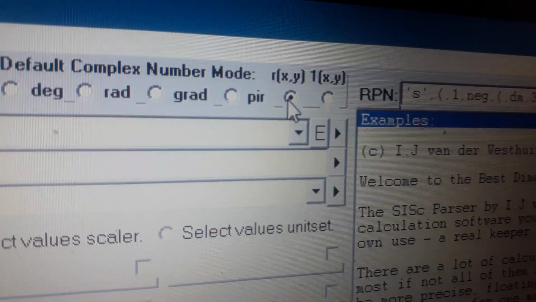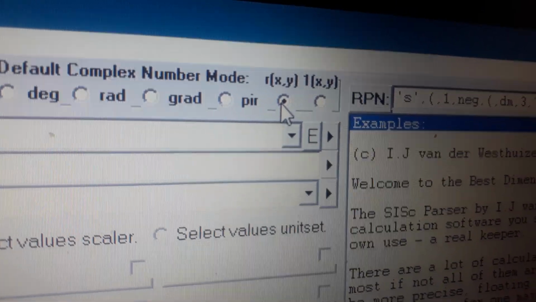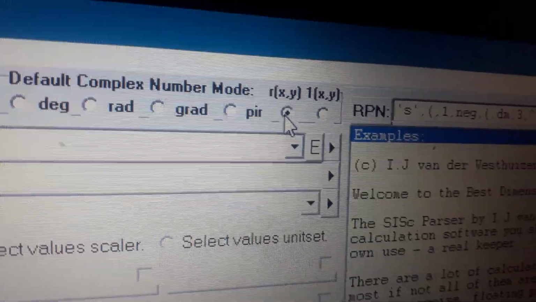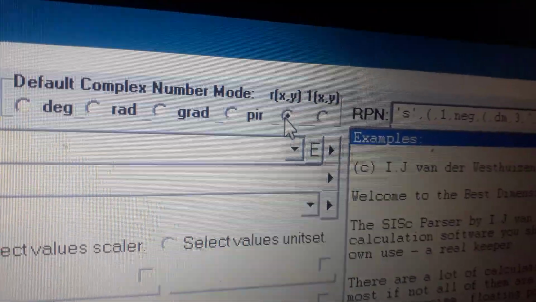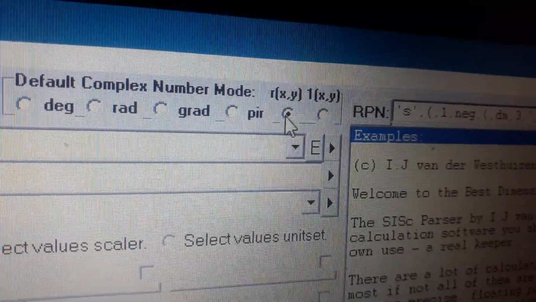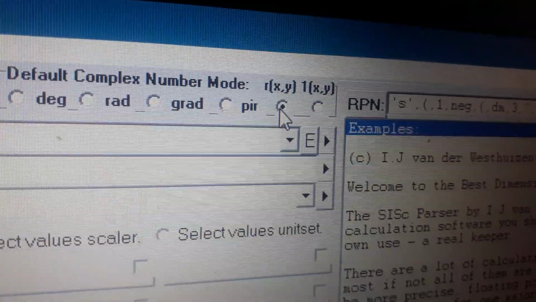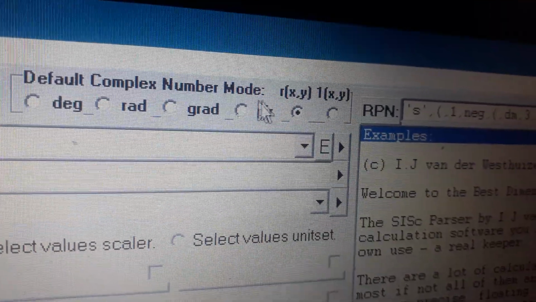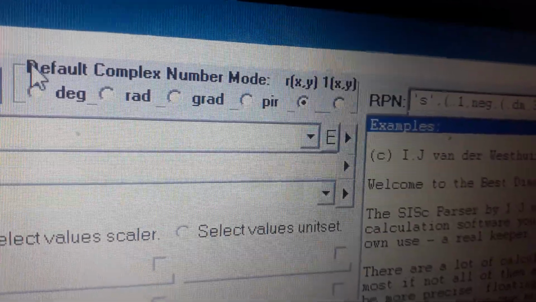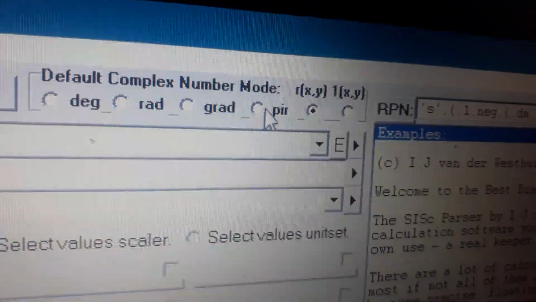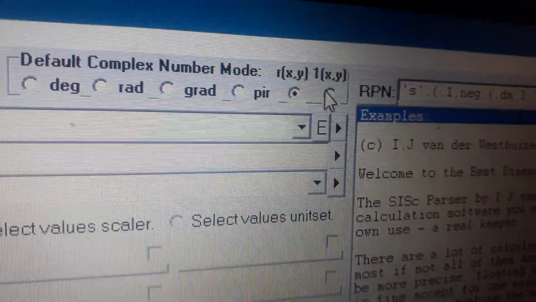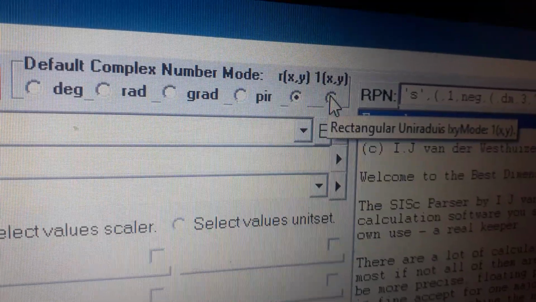So that's RXA mode, you see that, R and then the XA in parentheses of the complex coordinate. That's not a polar mode, that is a rectangular mode. There's 2 rectangular modes and 4 polar modes. That is 2 rectangular modes, RXA mode and IXA mode. Okay.